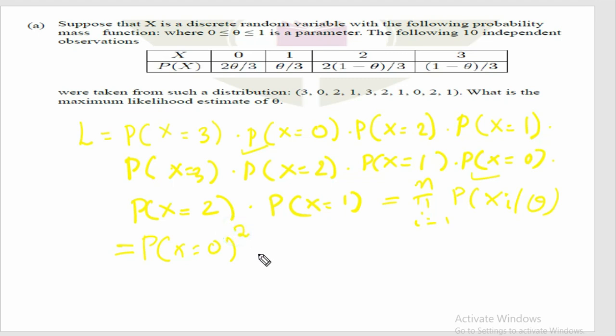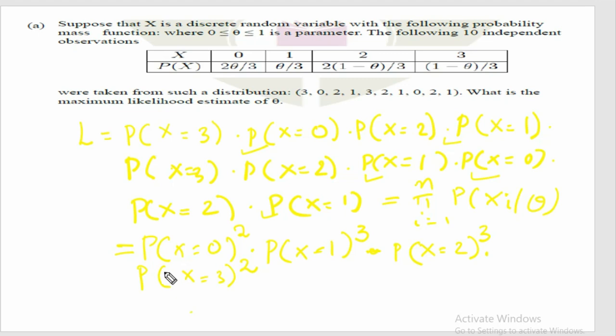So it can be written as square, into P of x is equal to 1. How many times has it occurred? 1, 2, 3. Cube, into P of x is equal to 2, that also has occurred 3 times, into P of x is equal to 3, which has occurred 2 times.